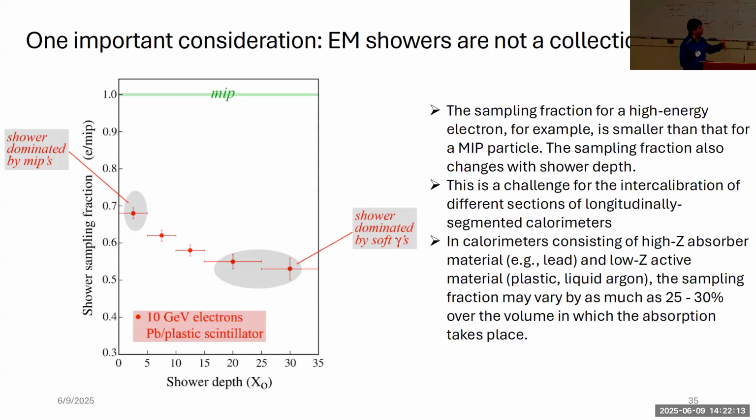But if you have longitudinal segmentation, this is an important feature that you need to take into account. It can be quite tricky to intercalibrate different sections of a longitudinally segmented calorimeter. This is important if you go on to work on future calorimeters, many of which will have this kind of longitudinal segmentation.